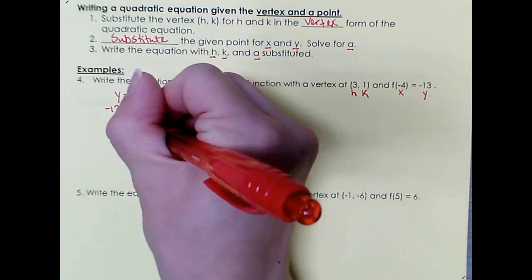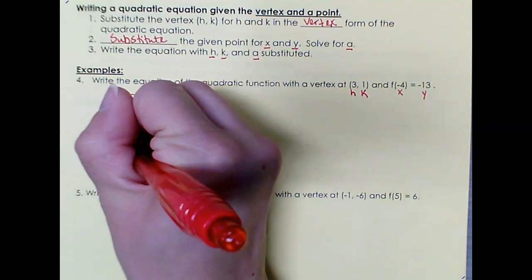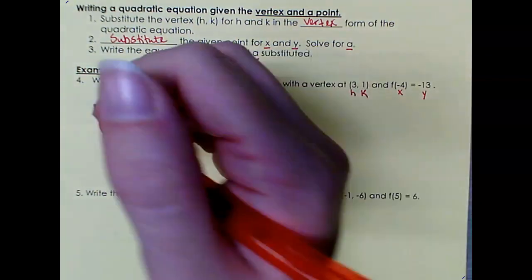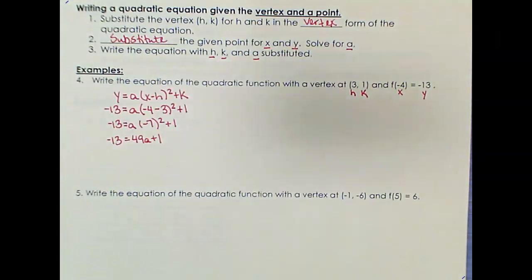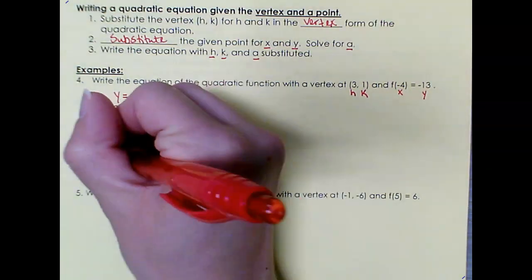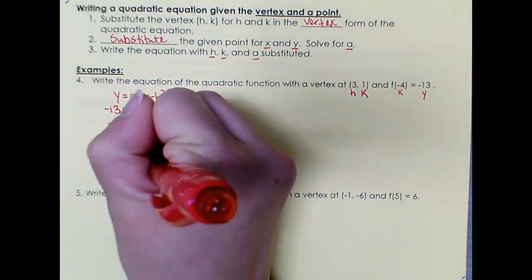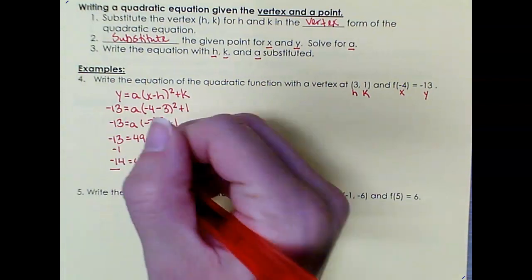That's going to be negative 7. And exponents, negative 7 squared is 49. And now we solve our two-step equation. We move the constant. This is negative 14 equals 49a. And then we want to get rid of the coefficient, so we're going to divide by that coefficient of 49.